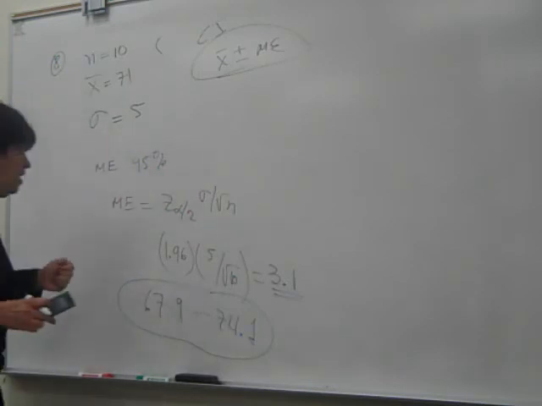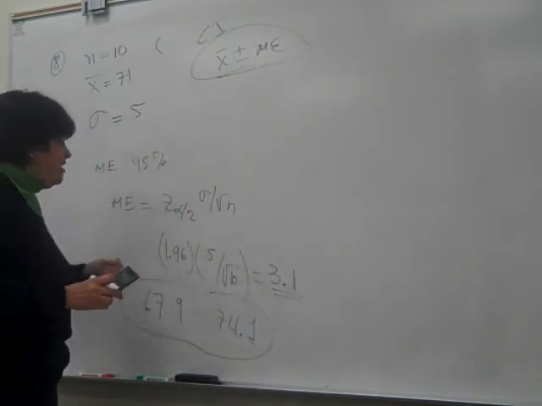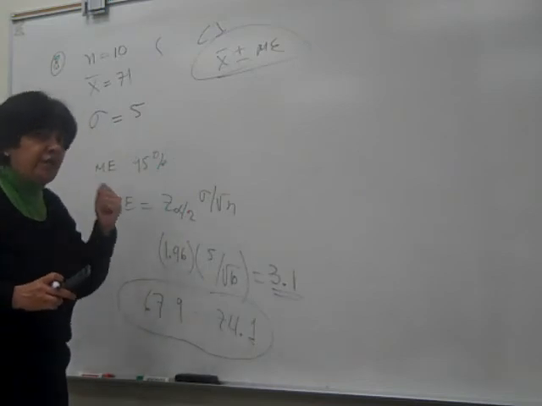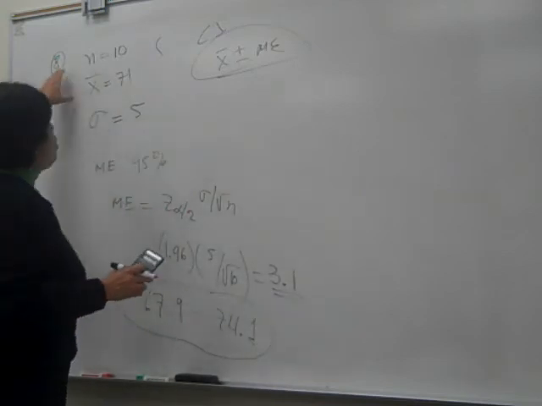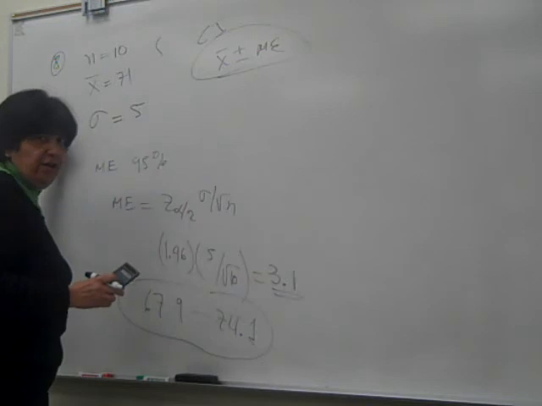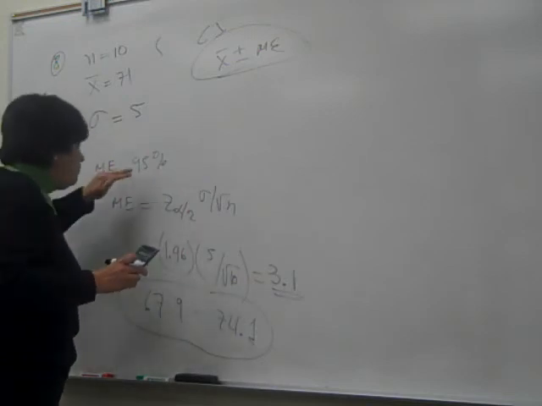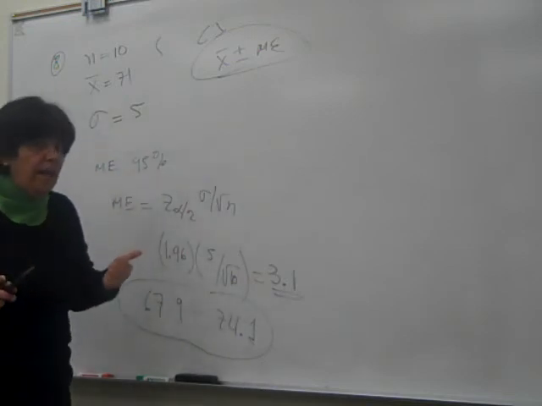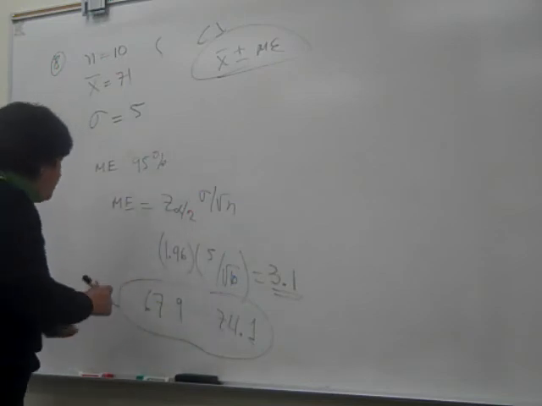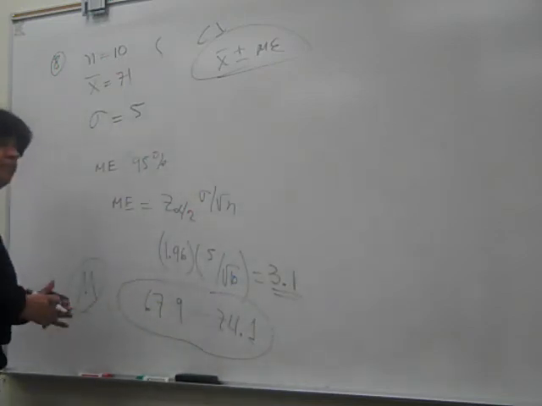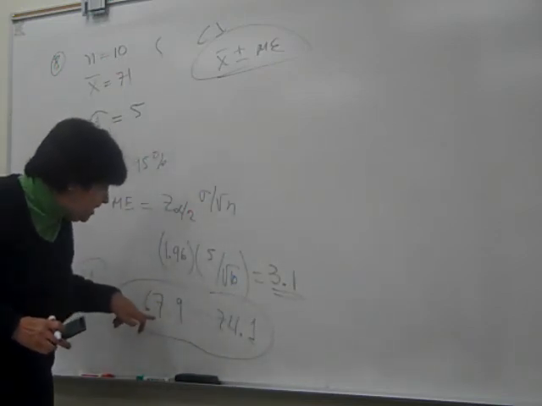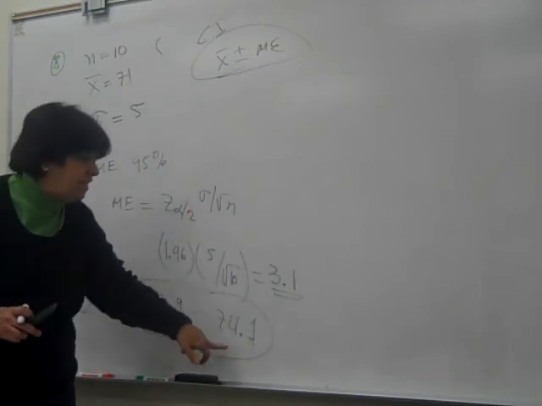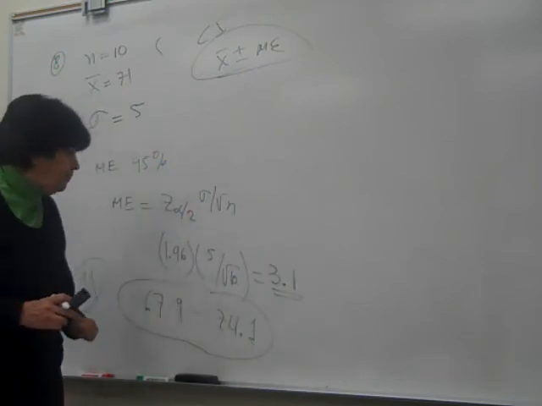So what I'm saying is that I am 95% sure that, based on the sample that I have here, the real mean of the population, the real mu, is between 67.9 and 74.1.